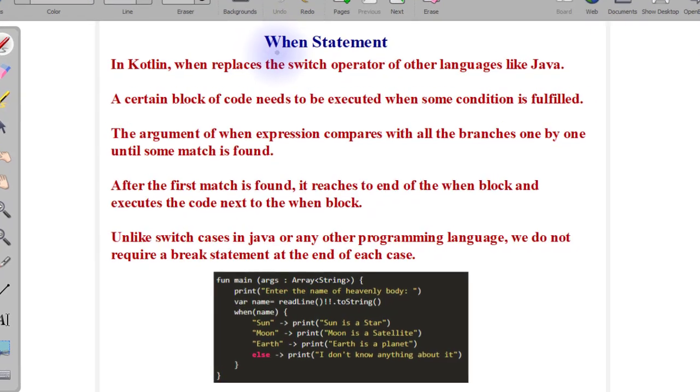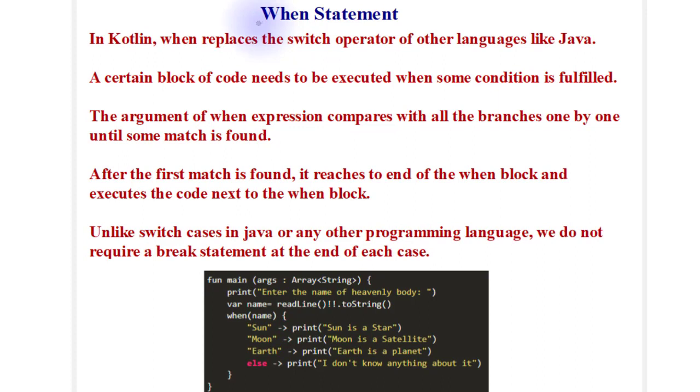In this session, we will see the when statement used in Kotlin. Do remember students, when is one of the conditional statements available in Kotlin, and it is a replacement for the switch case of other languages like Java.